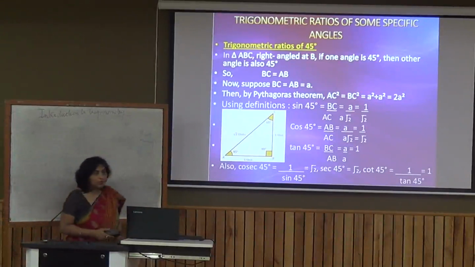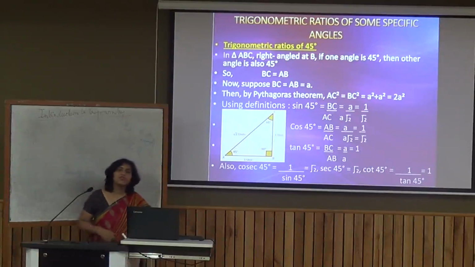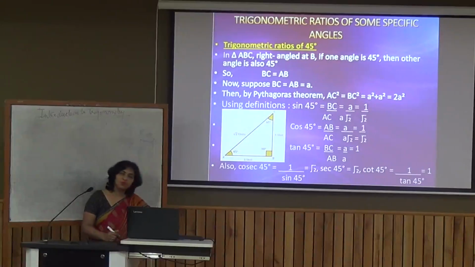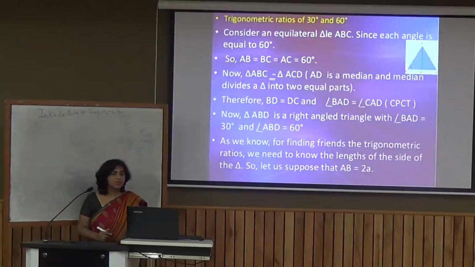Let us say 1 unit, then the hypotenuse would be square root 2 units. Using our definition, sin 45 is BC upon AC, that gives us 1 upon root 2. Cos 45 also gives us 1 upon root 2, and tan 45 is opposite upon adjacent, that gives us 1. Similarly, we can find the other three ratios by taking their reciprocals.